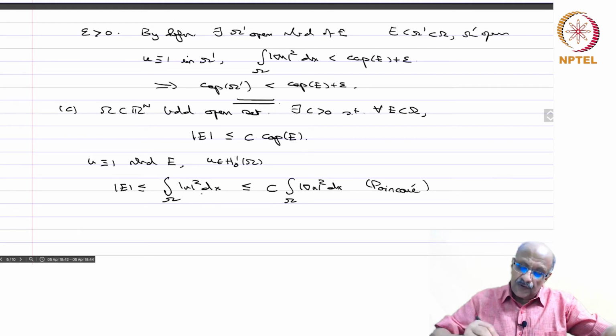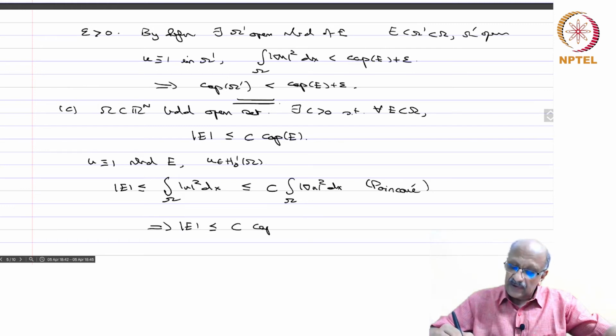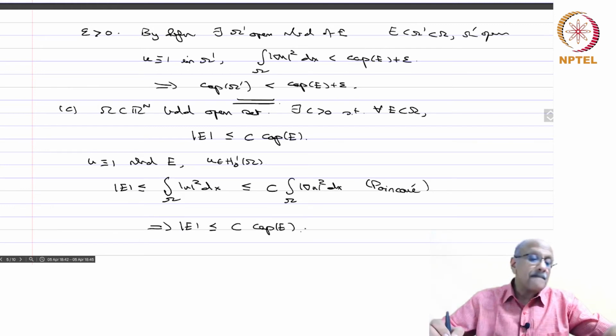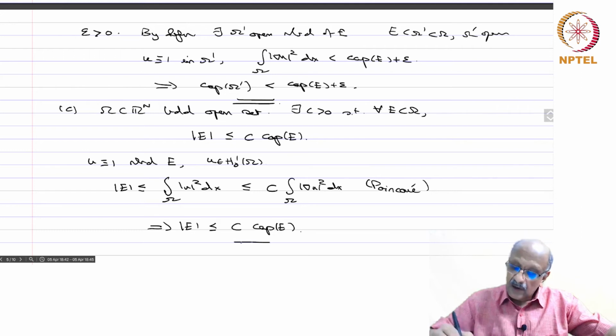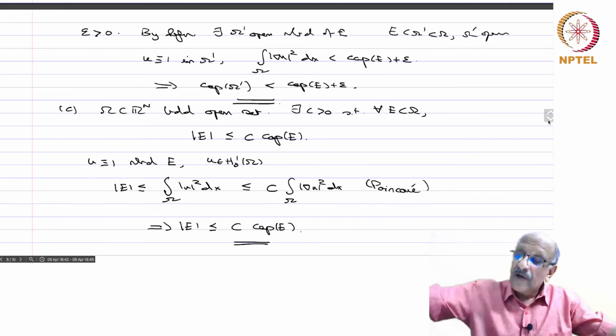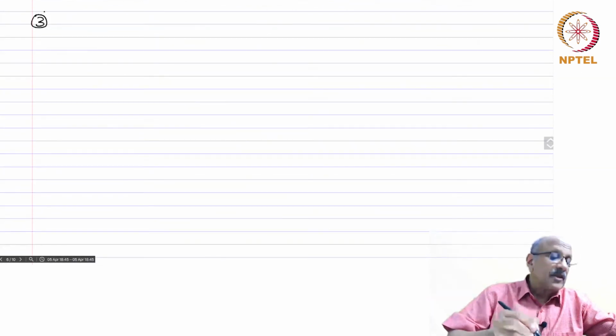So this is true for any such u, so you take the infimum, so mod E is less than or equal to C times capacity of E. Okay, so these are some elementary facts about the capacity. 3.